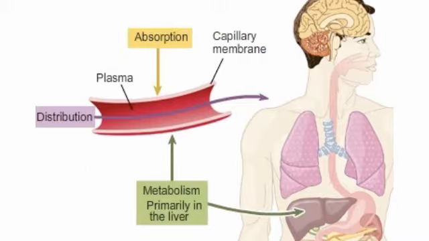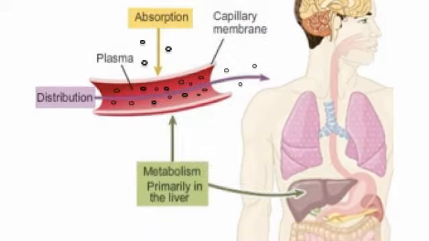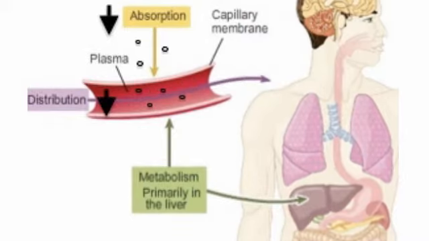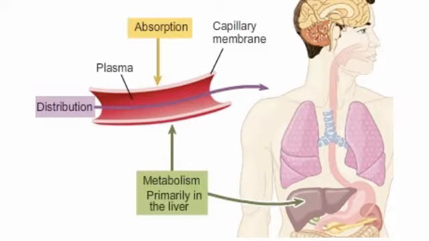The plasma drug concentration is affected by all of those. So that's absorption, distribution, metabolism, excretion. Now, keep in mind, if the plasma drug concentration decreases, the drug effect decreases. This makes sense. If you don't have as much there, it's not going to produce the same effect.